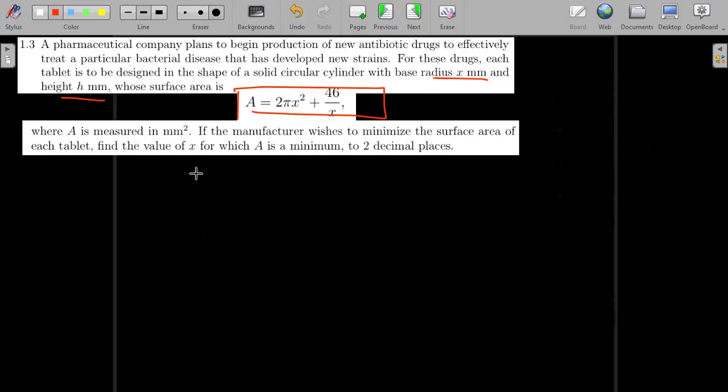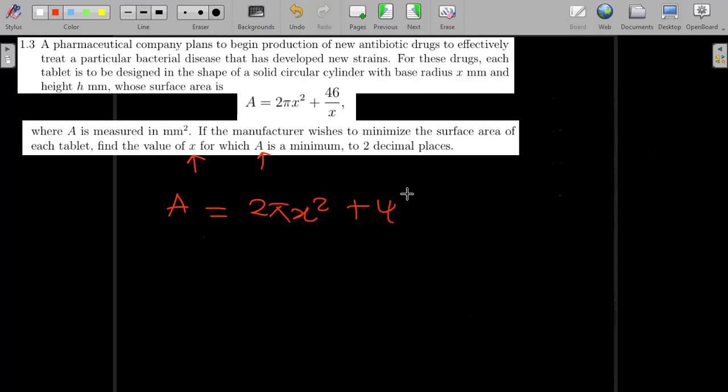Okay, so for us to find this value of x for which this A is minimum, we just have to find the turning point. And we know that at the turning point, the derivative of whatever function we have is always 0. So if I have A equals 2 pi x squared plus 46 divided by x, this is the same as 2 pi x squared plus 46 x to the power minus 1.